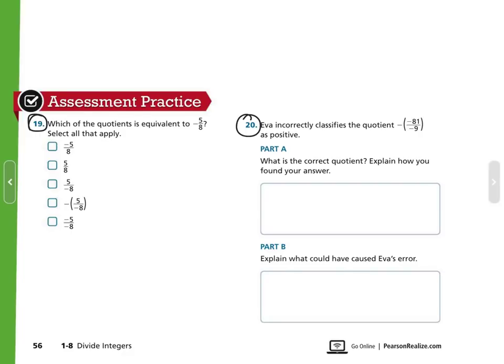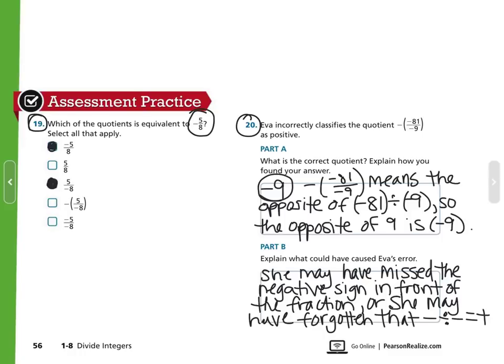So again, pause the video, try 19 and 20, and come back and check your answers when you're ready. Go ahead and check your answers to numbers 19 and 20. Notice that I gave you a possible explanation in part B of number 20 for the cause of Eva's error. Once you have finished these two problems, you're ready to move on to your assignment.